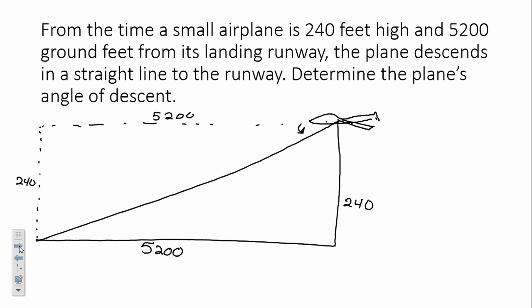So the tangent of that angle is going to be 240 over 5,200. So we need to use the 240 divided by 5,200 equals, and then the inverse tangent to find the angle. And it should be a smaller angle than what this looks like.